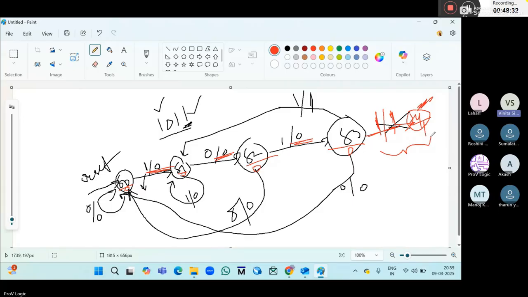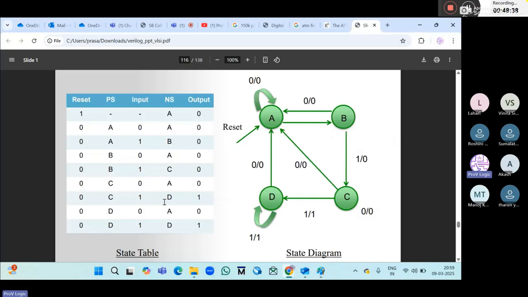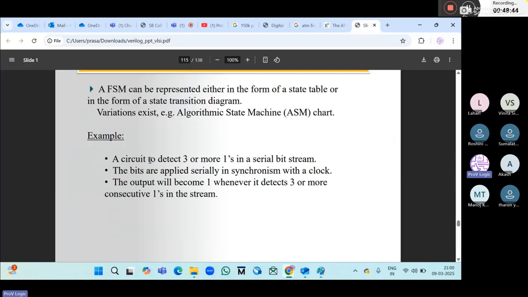Prasanthi, clear? If you write the table like this, you will get more clarity. No need to get confused about which state will go where. Suppose I consider the same example here: a circuit to detect 3 or more ones in a serial bit stream.